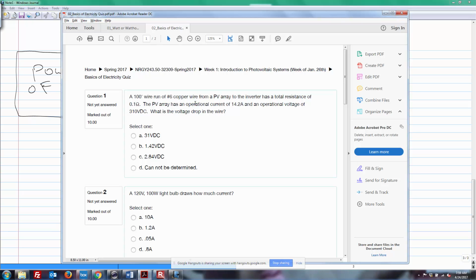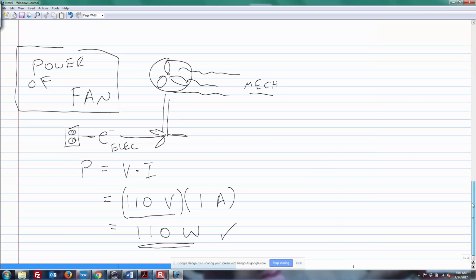The PV array has an operational current of 14.2 amps and an operational voltage of 310 volts DC. What is the voltage drop? Okay, so for that, here's what we want to do.